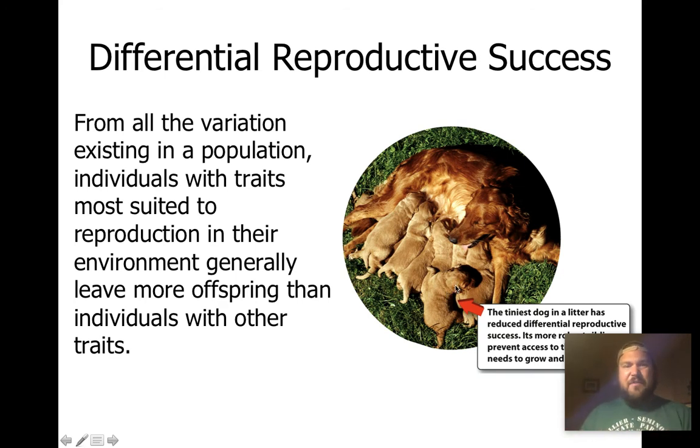And any of those maladapted or deleterious traits that he has, it's a dead end. He's not going to pass them on to his offspring. So in this way, subsequent generations seem to become better suited to living in their particular environment because their genes are constantly being modified and edited to fit best within a certain environment. And I'll give you some examples as to what I mean by that in just a second.